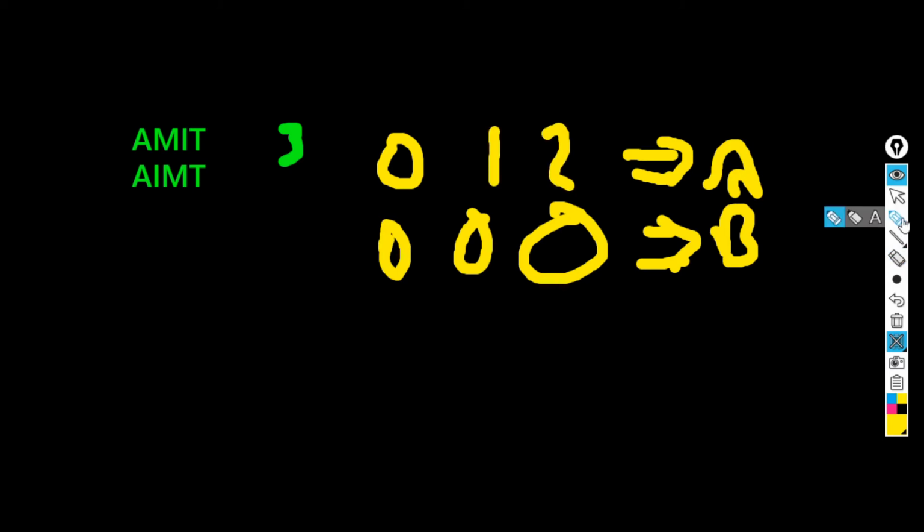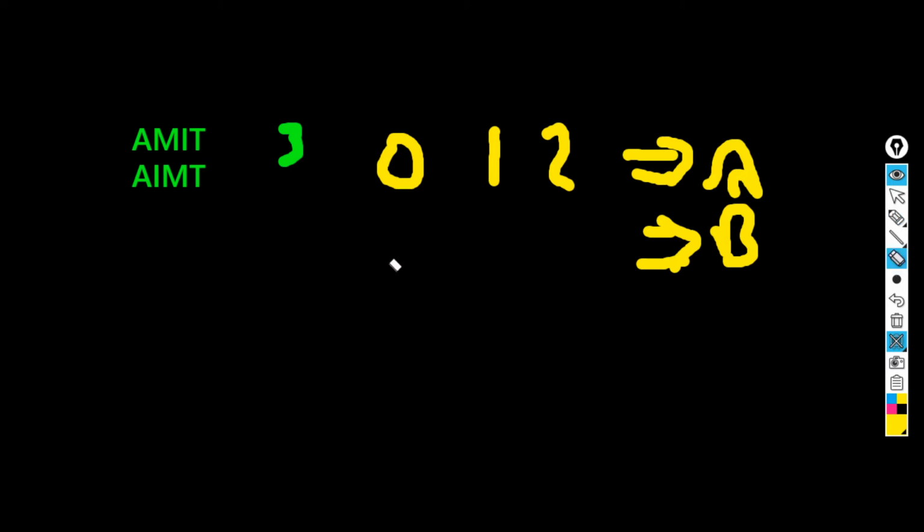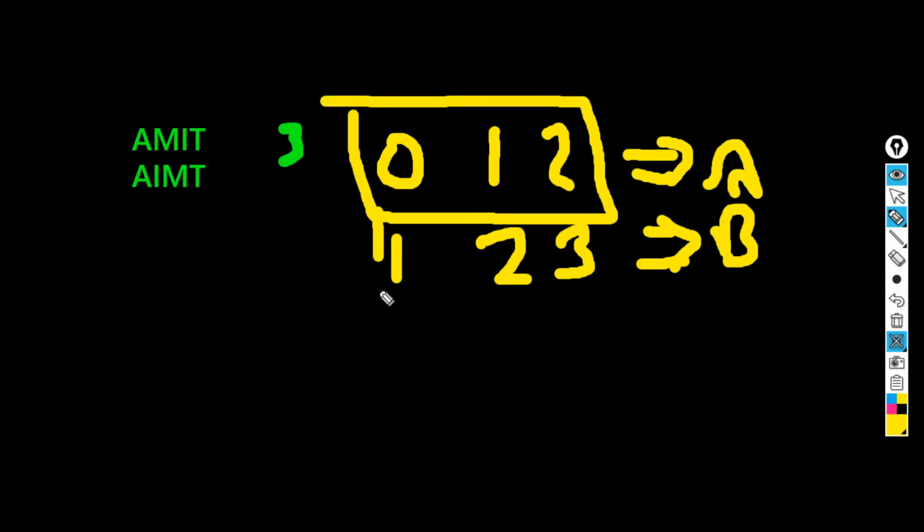B we will take in reverse order, 3, 2, 1. This is how we will consider both, A and B.